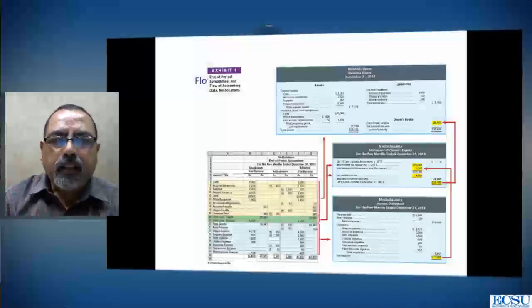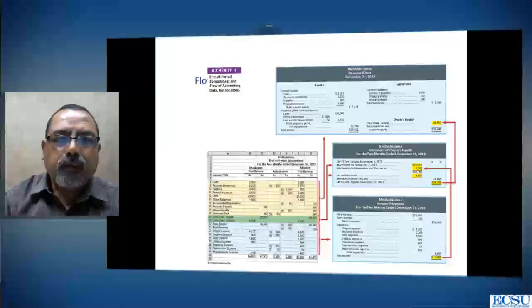As you can see in this exhibit, what we do is we prepare a spreadsheet, that is a worksheet, which has columns for unadjusted trial balance. So first it has a column for account title, that's the first column. The second column is the debit column for the unadjusted trial balance. The third is the credit column for the unadjusted trial balance.